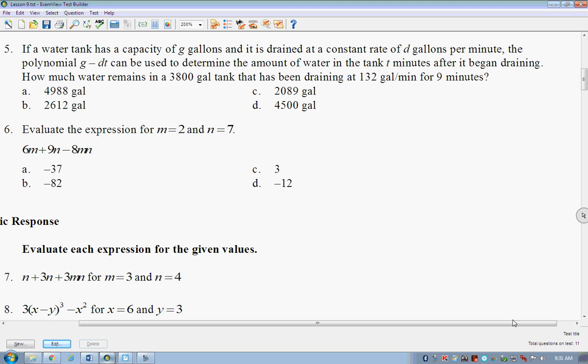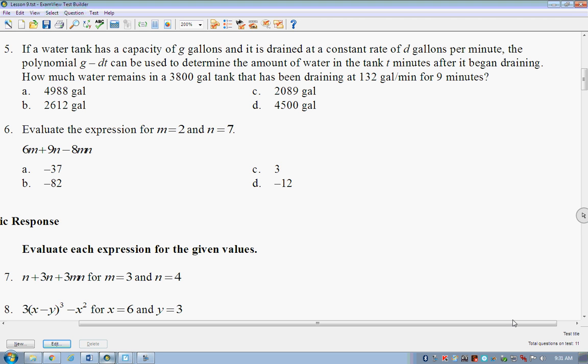We've got a rate, gallons per minute. The polynomial G minus Dt. That's what's really handy here, is that they actually give me a formula. It can be used to determine the amount of water in the tank t minutes after it begins draining. So they give us a formula, G minus Dt.